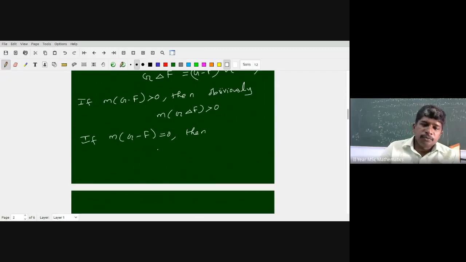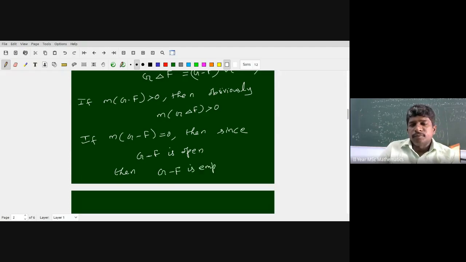Right? What about G minus F? By the nature of G and F, G minus F is open, and its measure is 0. So by the previous result, this set is empty.